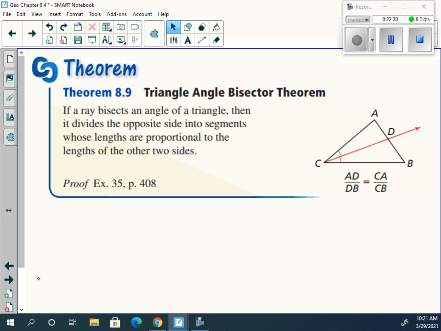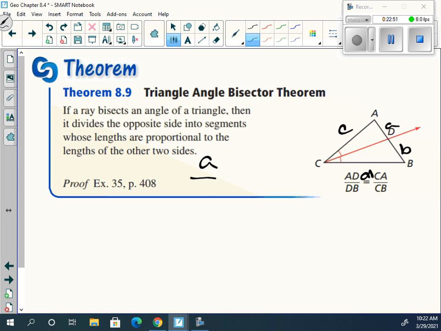So if we have a line segment that bisects the angle, cuts the angle in half, then AD over BD equals AC over CB. So the side that's cut is going to be proportional to the two sides of the triangle.